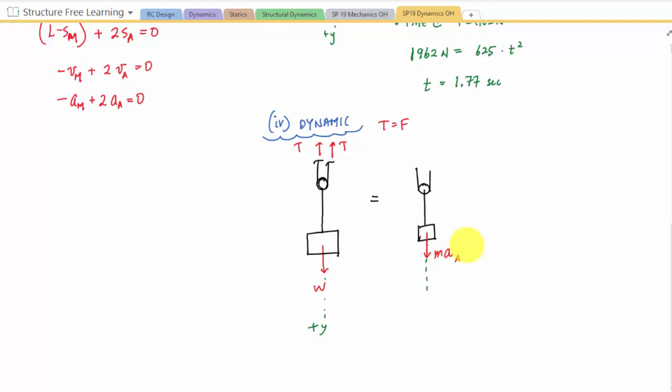Because there's no horizontal motion here, the equation of motion that's relevant for me here, the EOM, would be the sum of the forces downward, and I'm going to apply F equals MA. And that's just going to be negative 2T plus W equals MAA, okay?